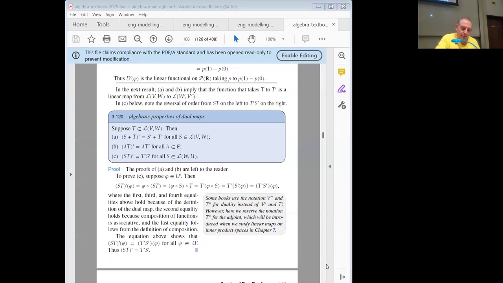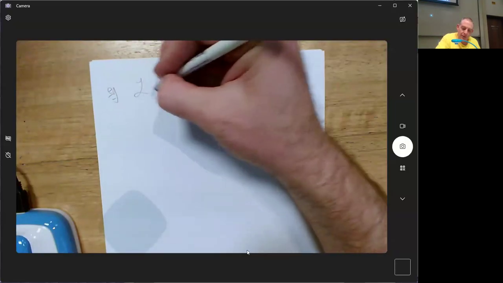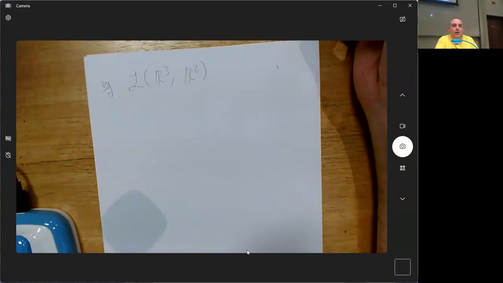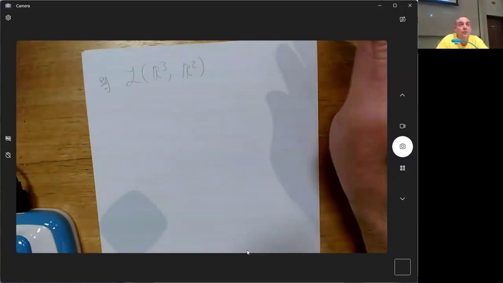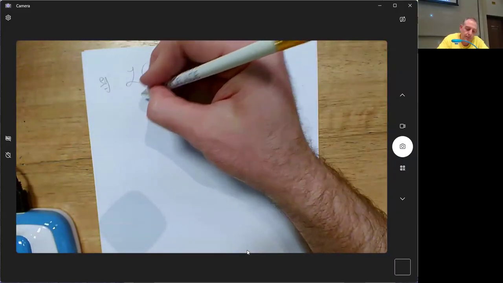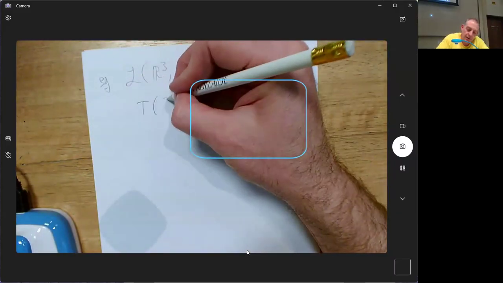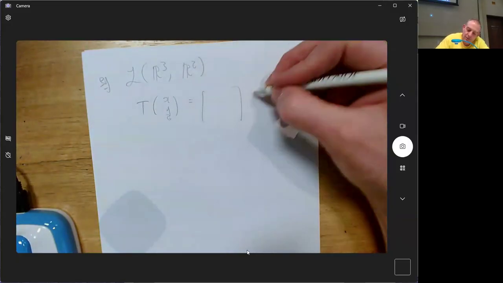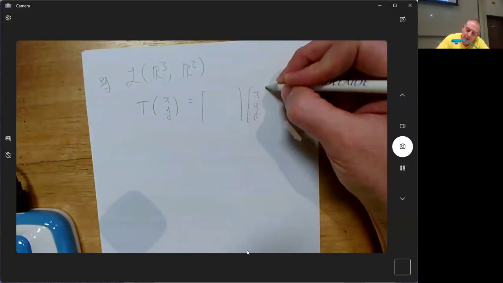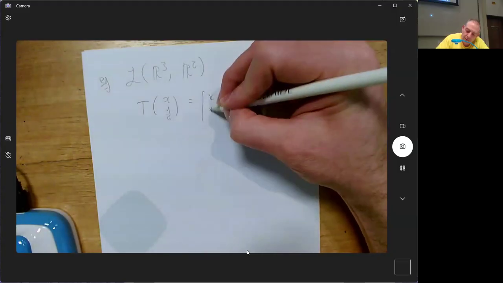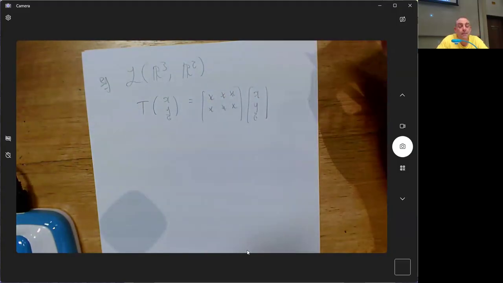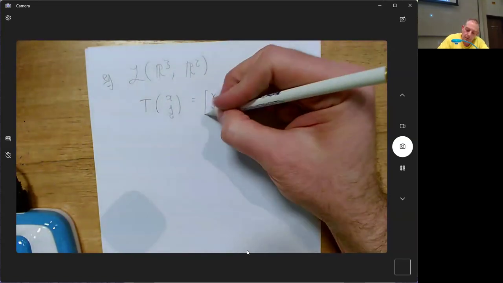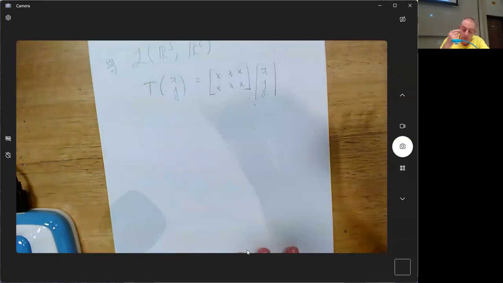I just want to do an example. If you've got the things from R3 to R2, that's equivalent to matrices, where you have T of X, Y, Z is like a matrix times X, Y, Z. Yep, okay.